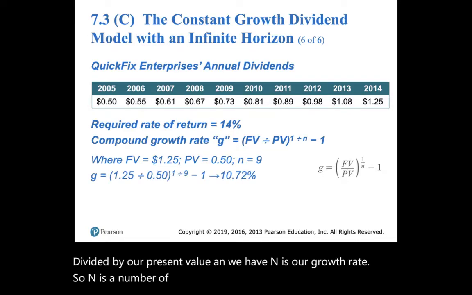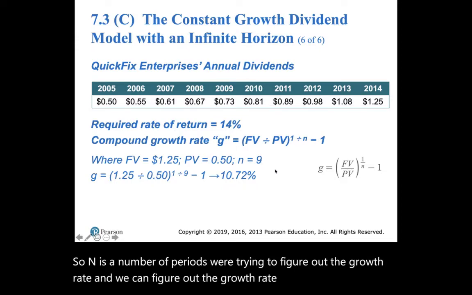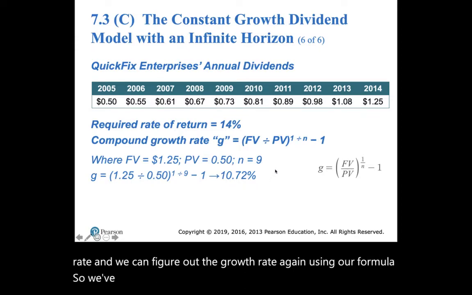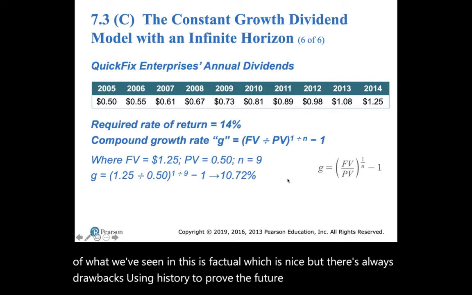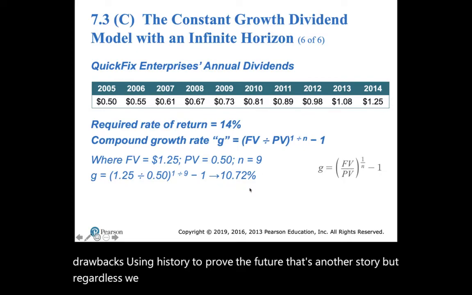Okay, we're trying to figure out the growth rate, and we can figure out the growth rate again using our formula. So based off of the history of our dividends, and this is factual, which is nice, but there's always drawbacks using history to predict the future. That's another story. But regardless, we figured out a growth rate of 10.72%. Wonderful.